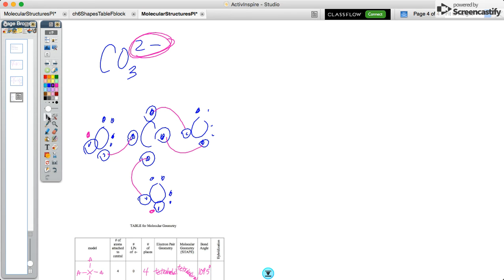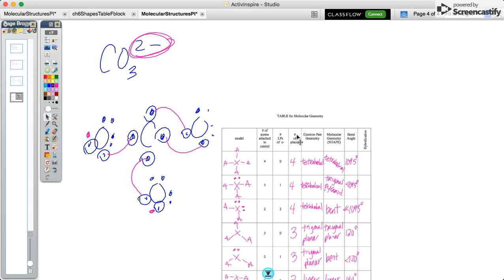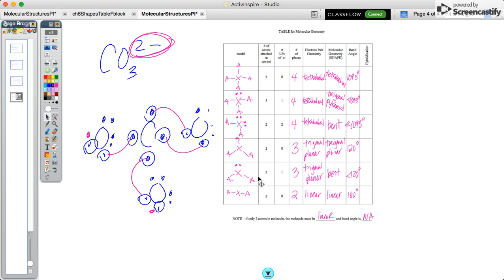I want to take a moment to think about this structure before I draw it. I'm going to look at my chart here, and I see that I have carbon, and it's bonded to 3 atoms, and there are no lone pairs left over.